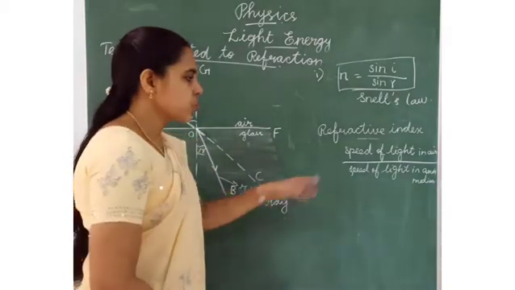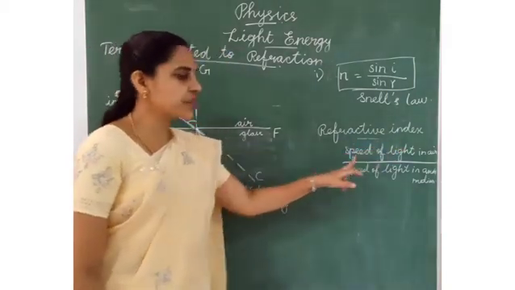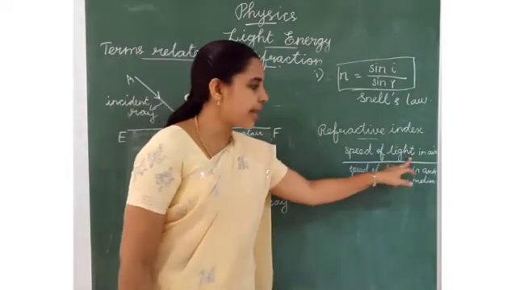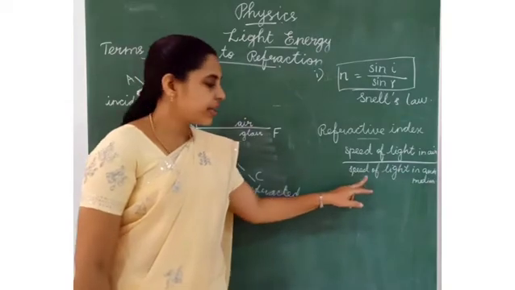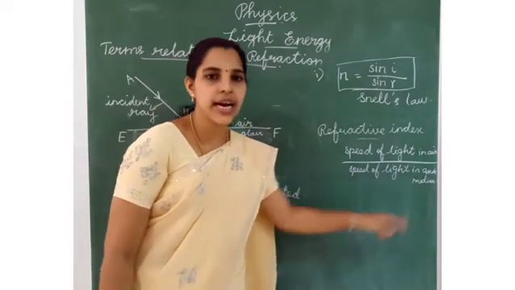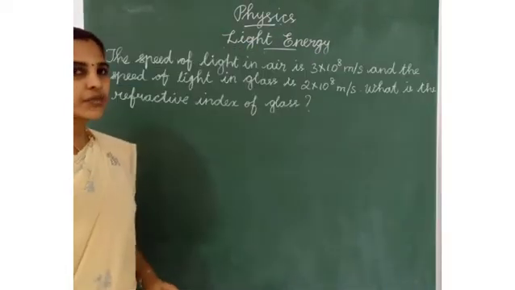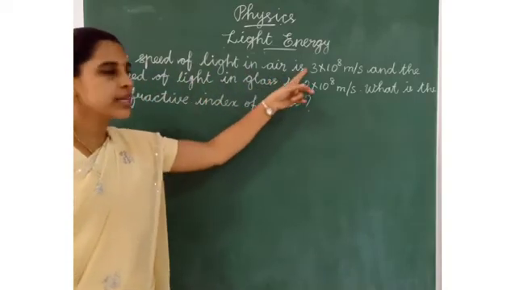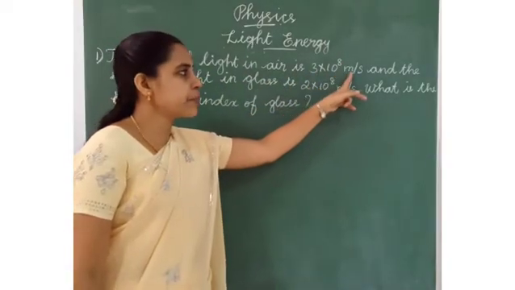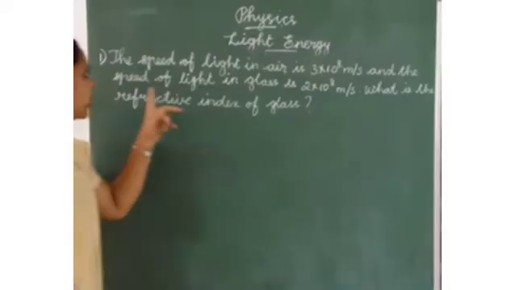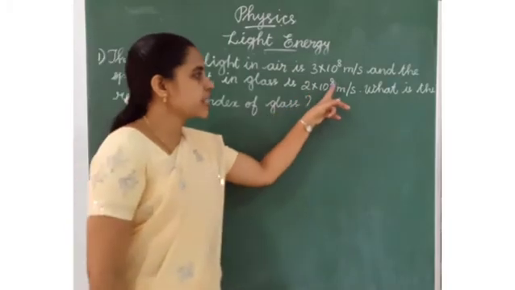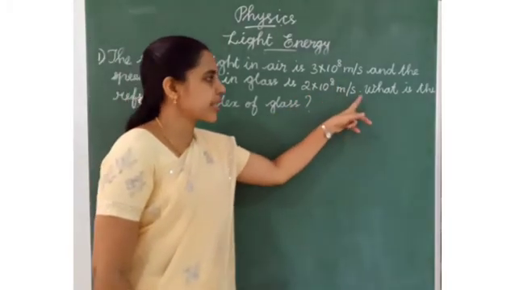So to find the refractive index we have to use this formula, the ratio of speed of light in air to the speed of light in another medium. Listen, the first question. The speed of light in air is 3 into 10 power 8 meter per second and the speed of light in glass is 2 into 10 power 8 meter per second.